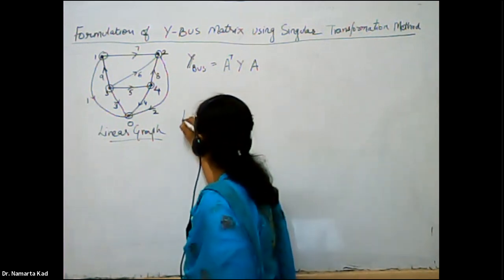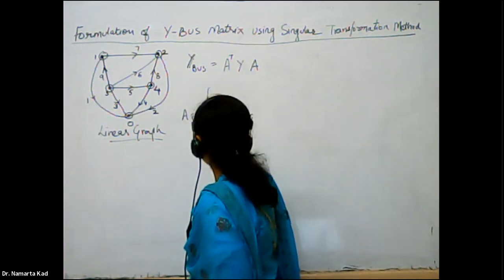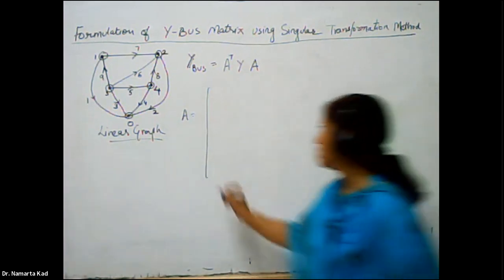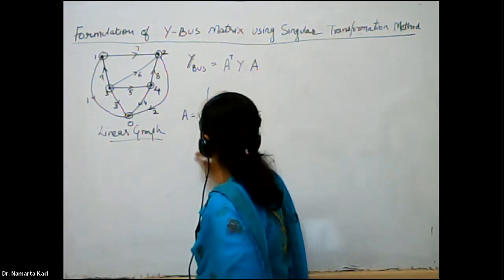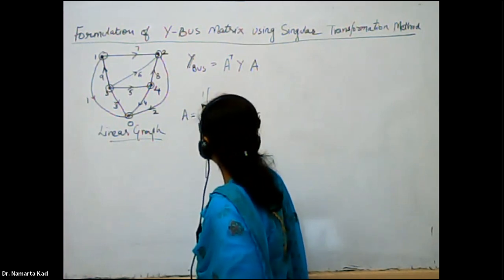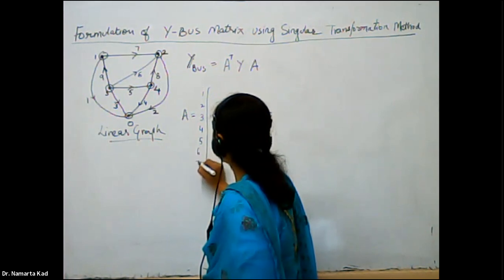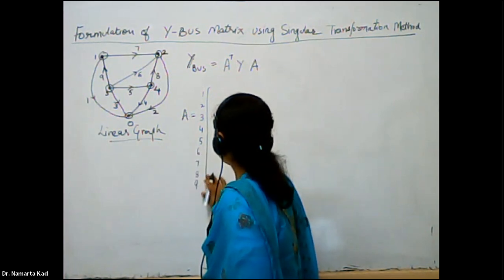So for A, you have to write the matrix first, and on the row side there are the total number of elements: 1, 2, 3, 4, 5, 6, 7, 8 and 9.